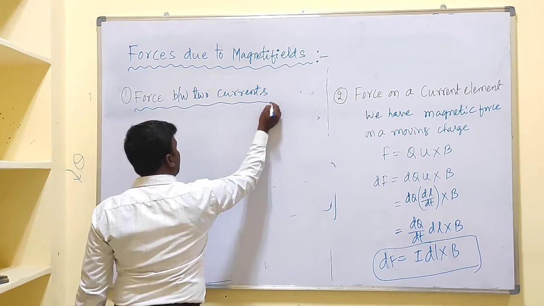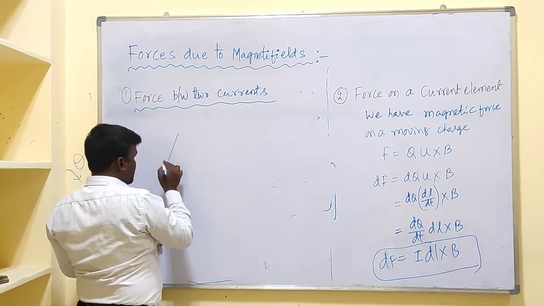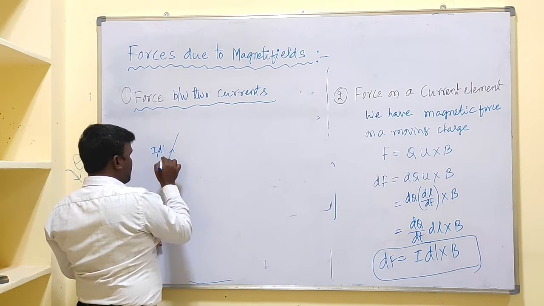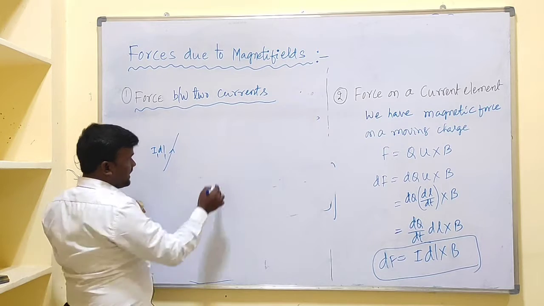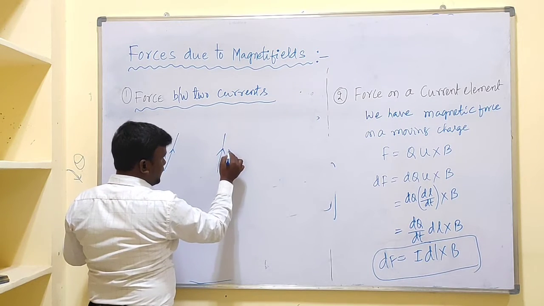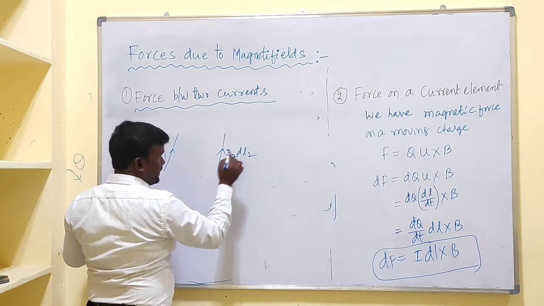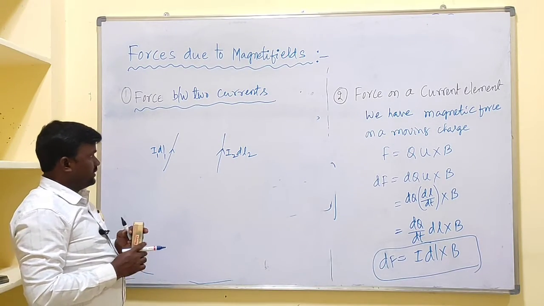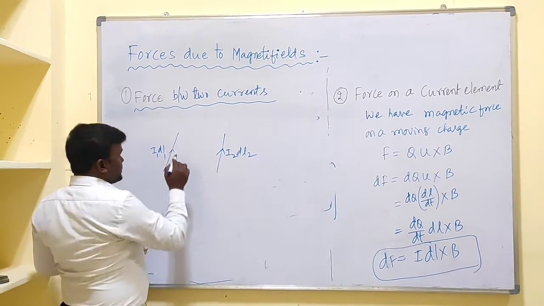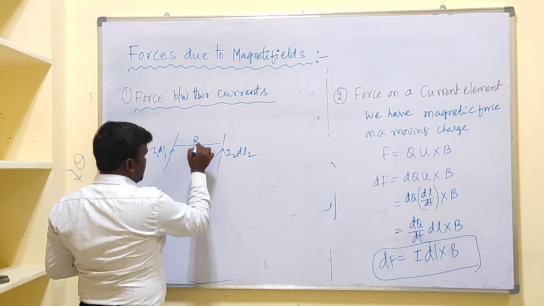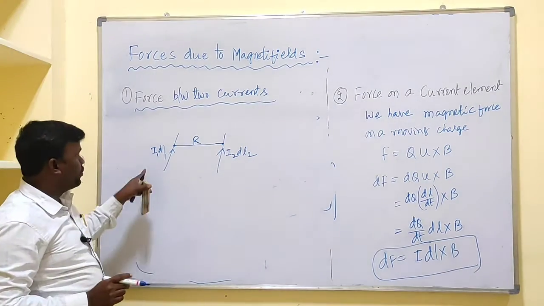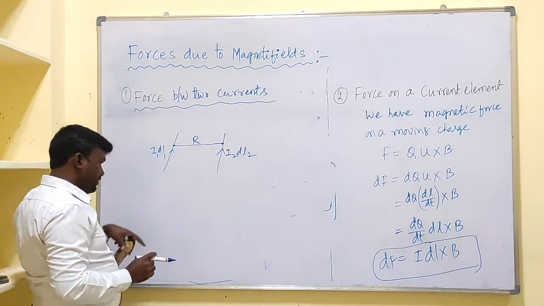Let us consider two current elements. The first current element carries I1 dl1, and the second element is taken as I2 dl2. The distance between the two current elements is taken as r. Then the force between these two current elements is given as follows.